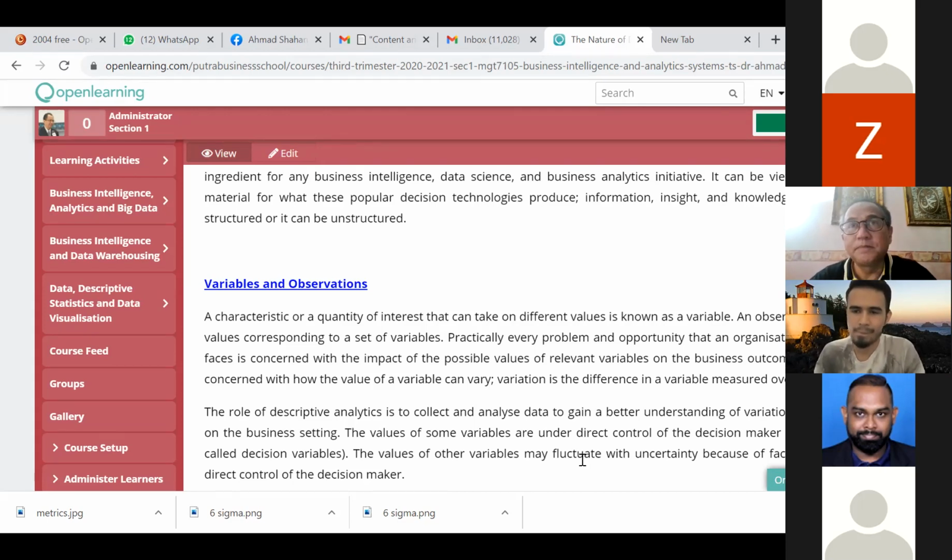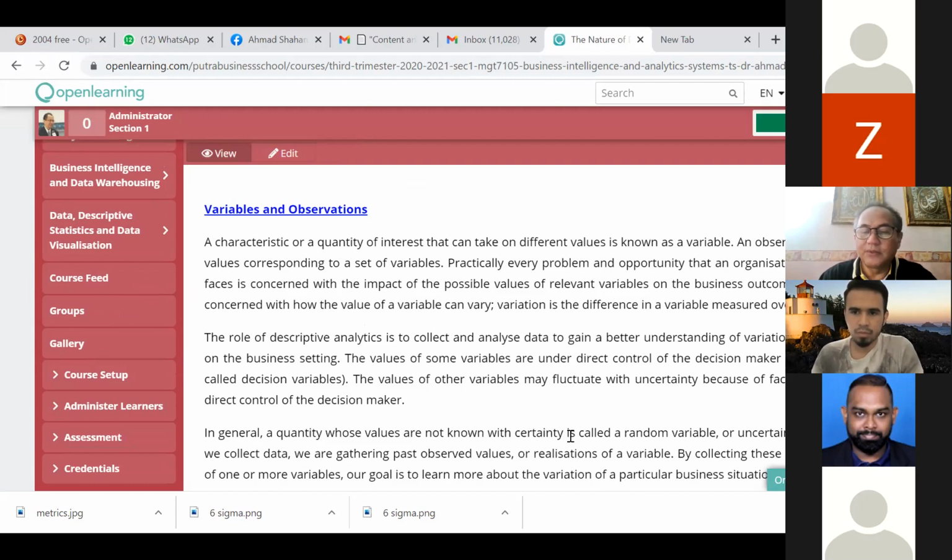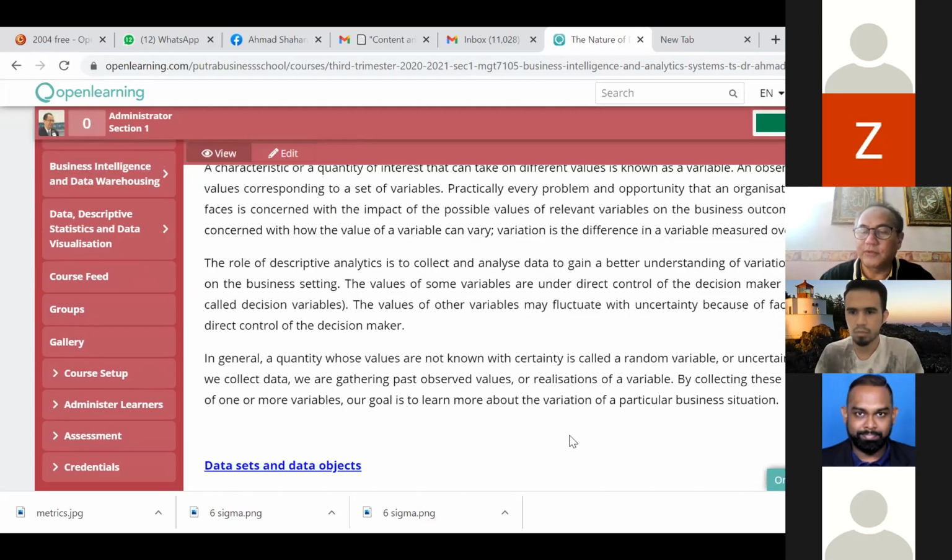For example, our fuel price, and then our exchange rate, currency rate. These are the things that can fluctuate with uncertainty because the factors are outside direct control. Those are called random variables. We have decision variables, and what we do not know for certain we call random variables.